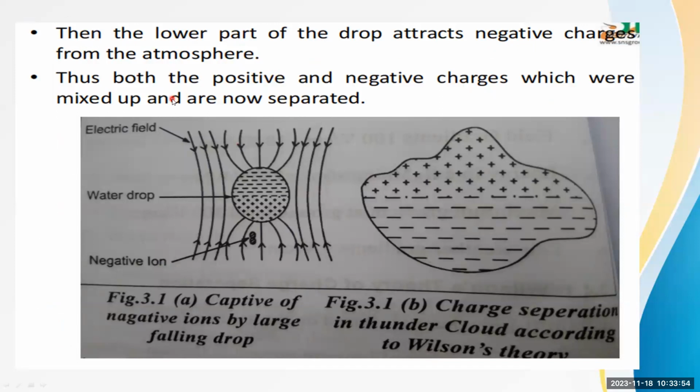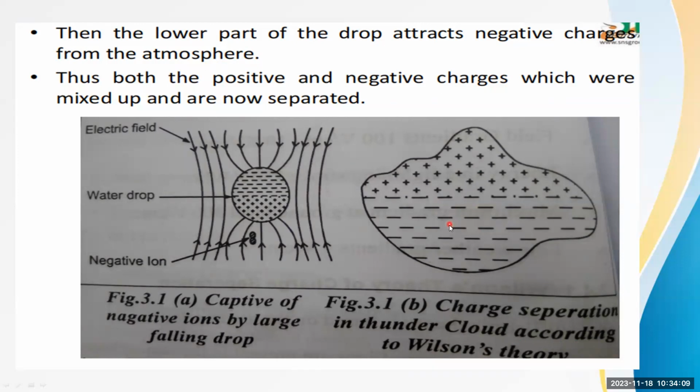Thus both positive and negative charges, which were mixed up, are now separated. This is charge separation in a thunder cloud according to Wilson's theory.